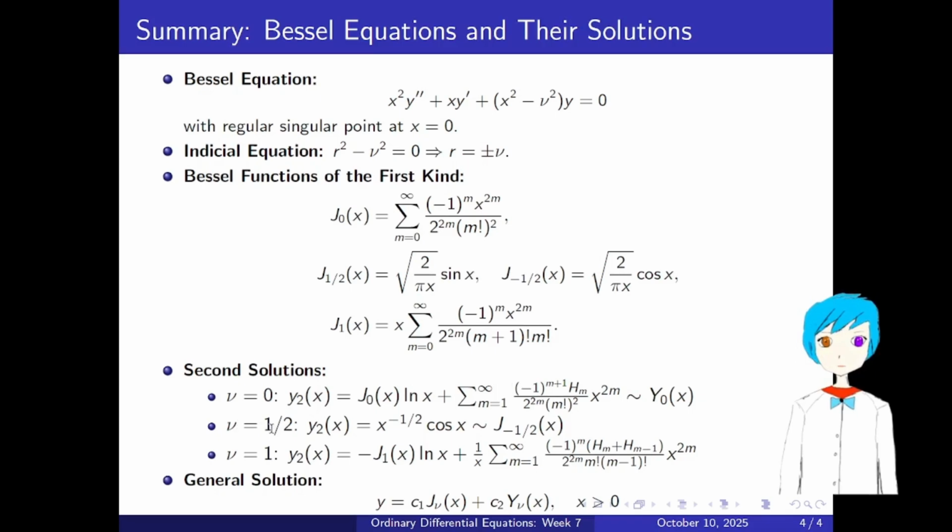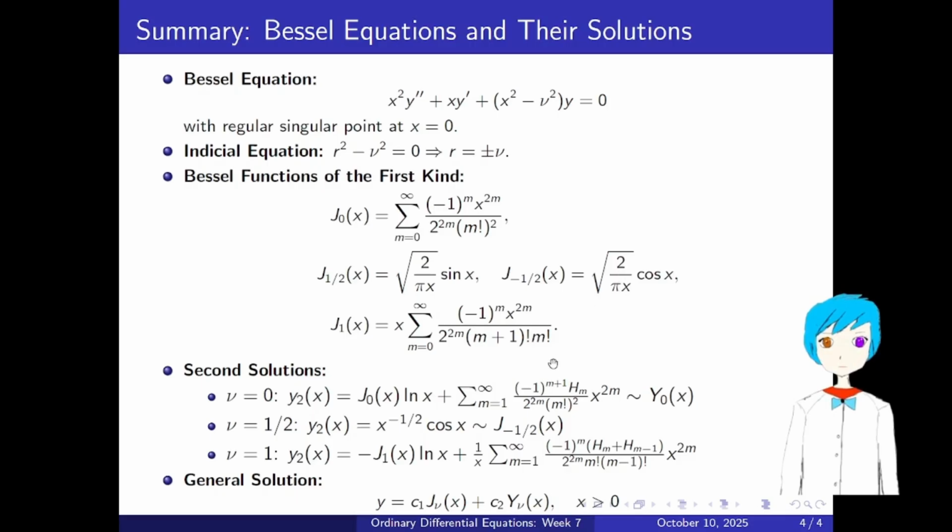When nu equals 1/2, we have J_(1/2) and J_(-1/2). That is sin x divided by square root of x times a factor, and cosine x divided by square root of x times a factor.